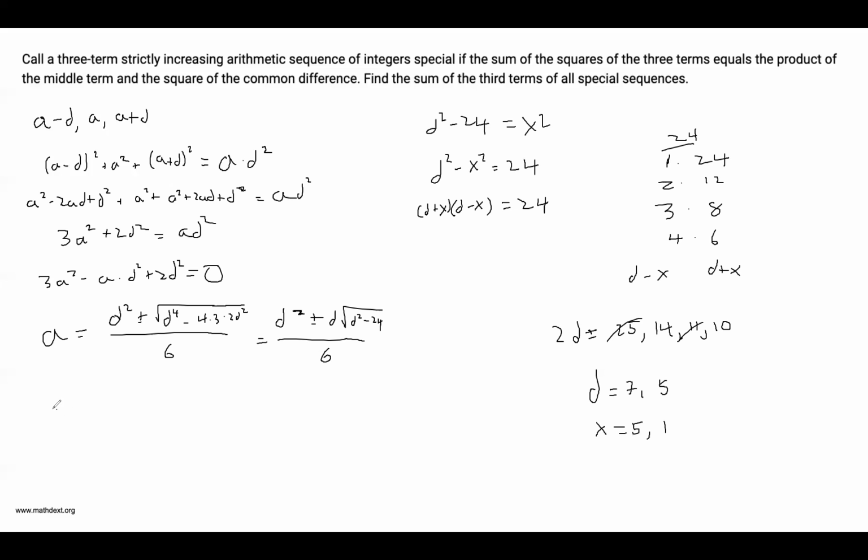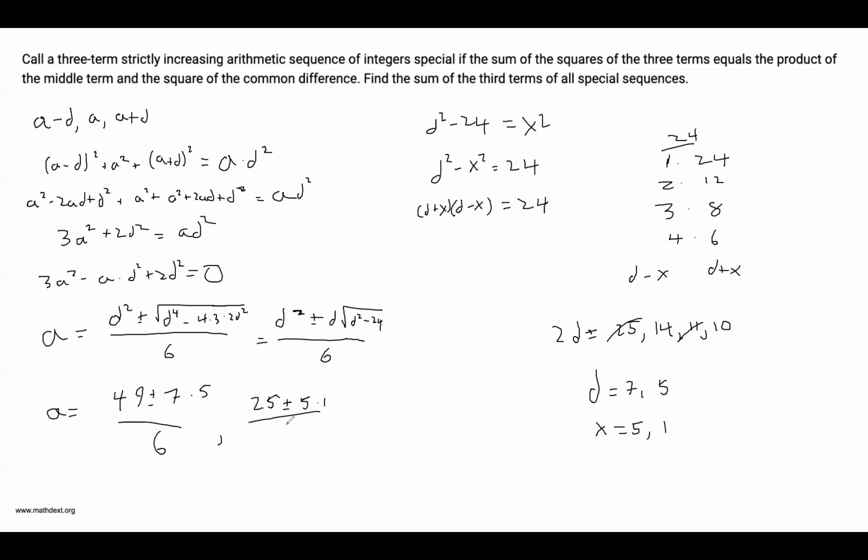So in the first case where d is 7, we get a is 49 plus or minus 7 times the square root of 7 squared minus 24, which is 25. The square root of 25 is 5, all over 6. In the second case, where d is 5, we get a is 25 plus or minus 5 times the square root of 5 squared minus 24, which is 1, and the square root of 1 is 1.